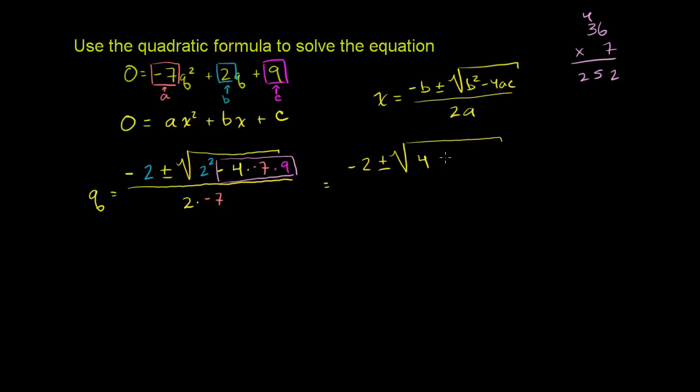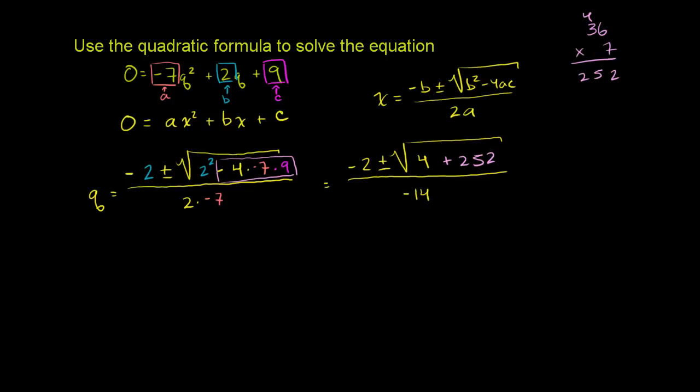So this becomes 4 plus 252. Remember, you have a negative 7 and a minus out front. Those cancel out. That's why we have a positive 252 for that part. And then our denominator, 2 times negative 7 is negative 14.